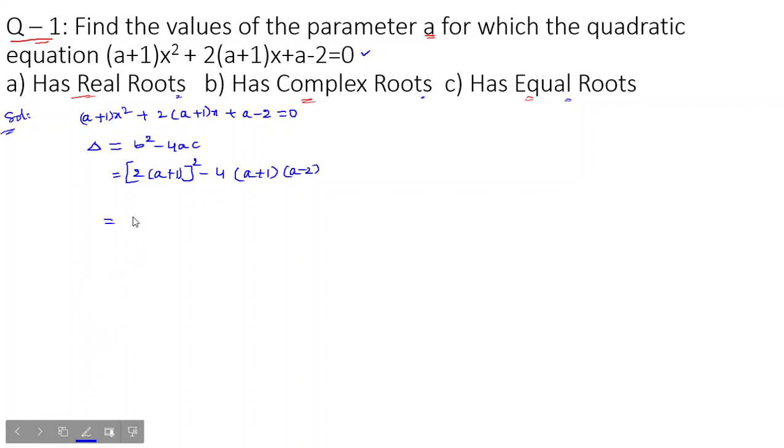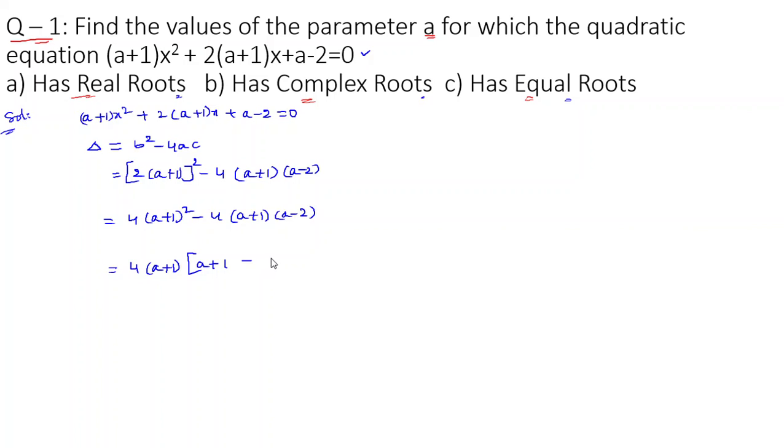So we can write this as 4 into (a plus 1) whole square minus 4 of (a plus 1) of (a minus 2). We can take 4 into (a plus 1) as common. So now this becomes (a plus 1) minus (a minus 2).